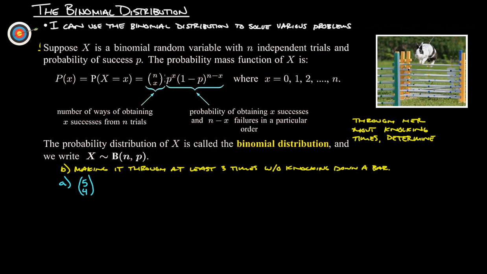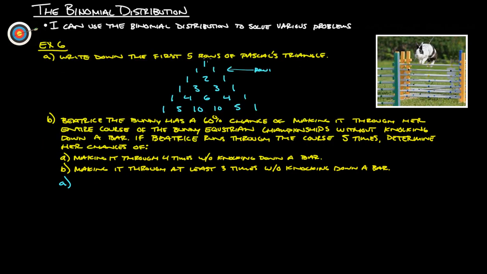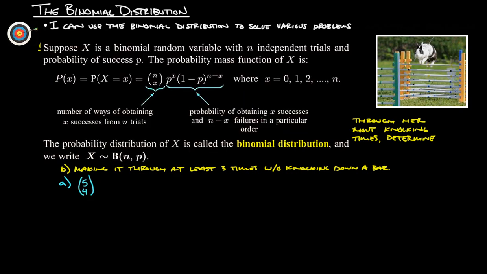Now, here's where this is nice. The probability, this here is the probability of success to the power here, right? So our probability of success, they said in here, was 60% chance of making it through, right? So if we go back to this here, we're going to do 60%, 0.6, and then it's the number of successes.